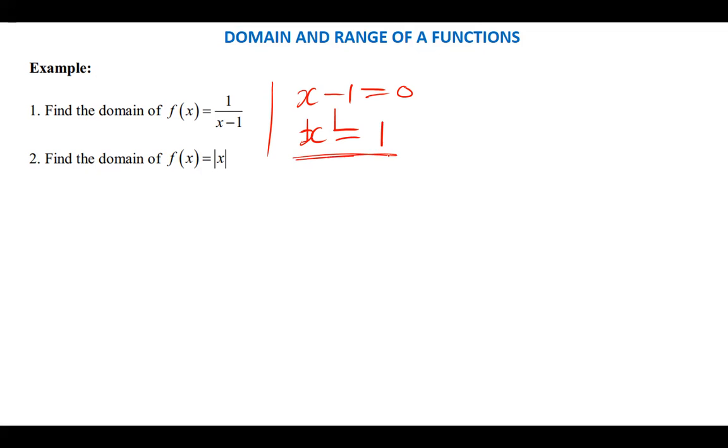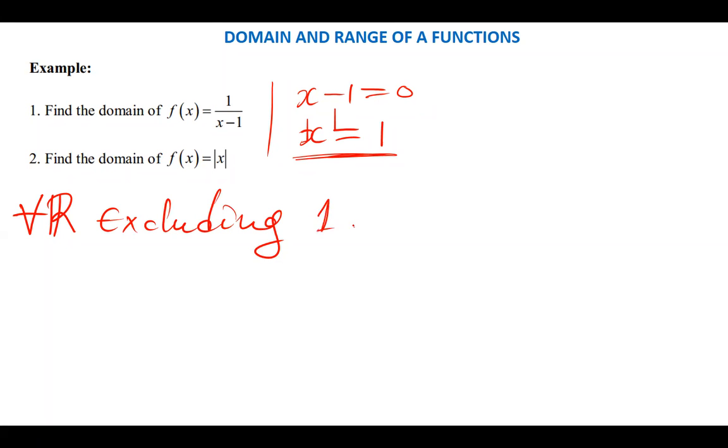So this positive 1, when you put it there, you discover that the function will be undefined. Hence, the domain of this function can be all real numbers, excluding 1.